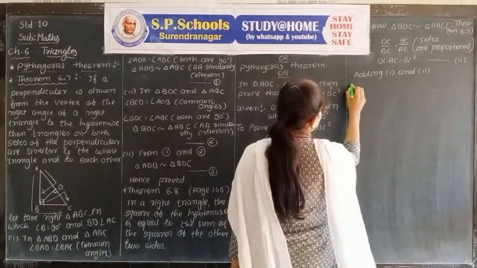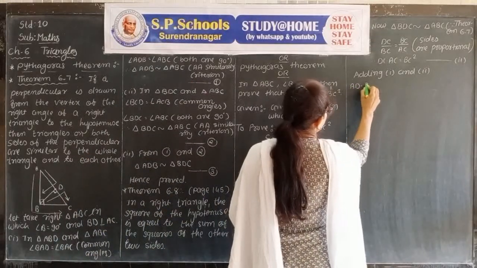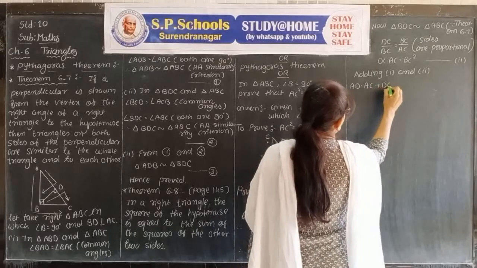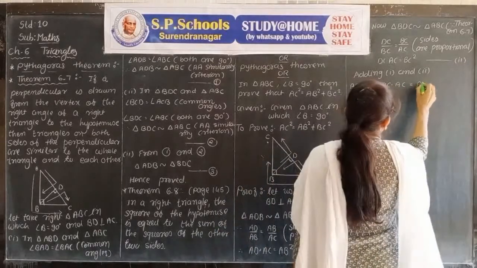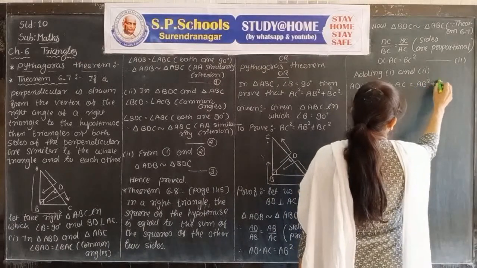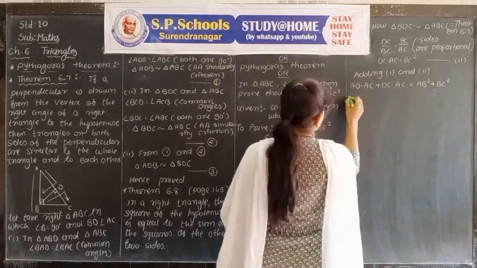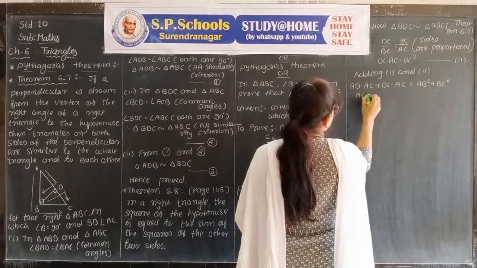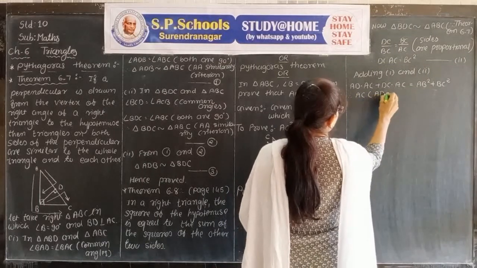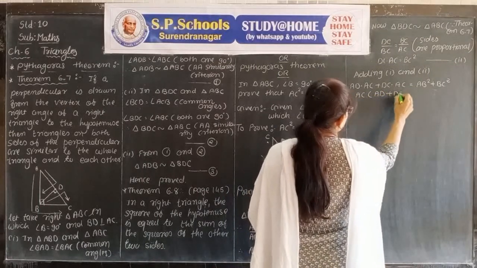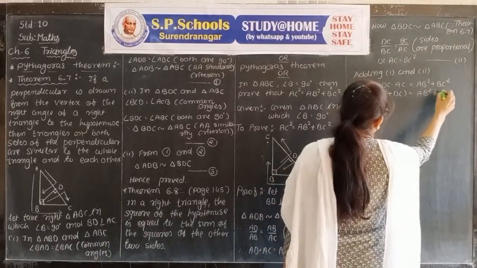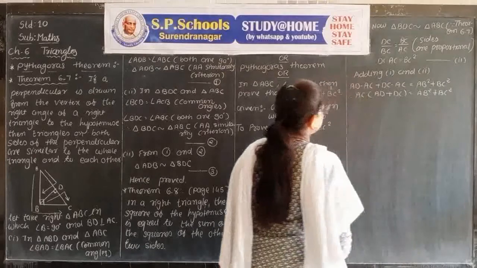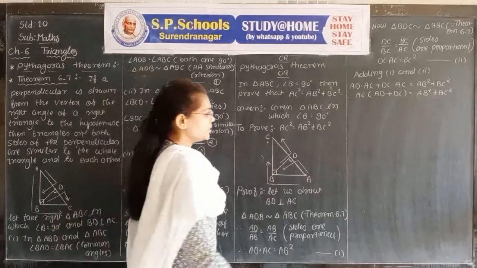AD into AC plus DC into AC is equal to AB square plus BC square. Taking AC as common into bracket, AD plus DC is equal to the right hand side, which remains as it is.